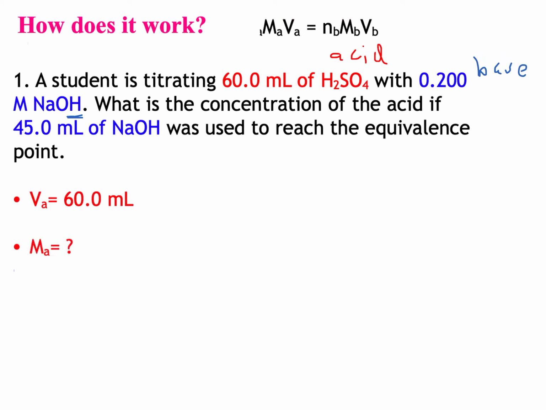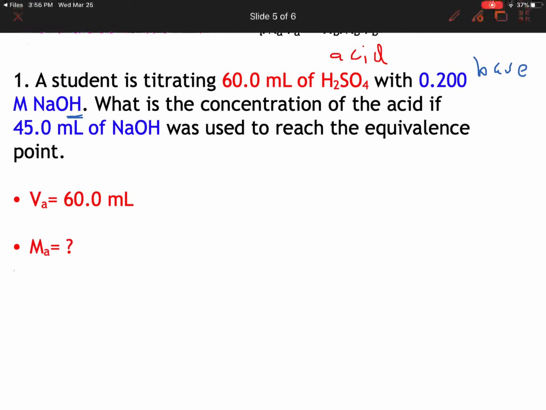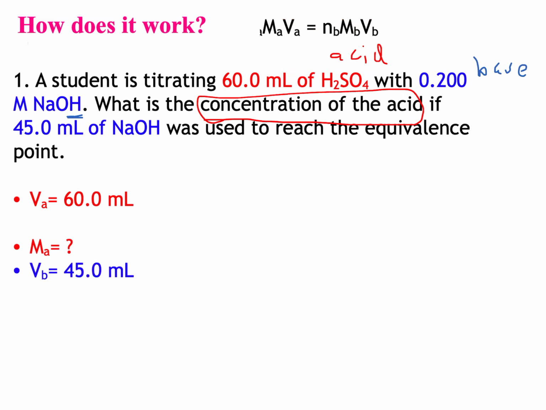So let's start identifying variables. VA is equal to 60. MA, we don't know. That's what it's asking for, the concentration of the acid. What do we know about the base? We know that the volume of the base was 45 milliliters, and the molarity was 0.2 molar. Notice that I have milliliters for the volume of the acid and milliliters for the volume of the base.